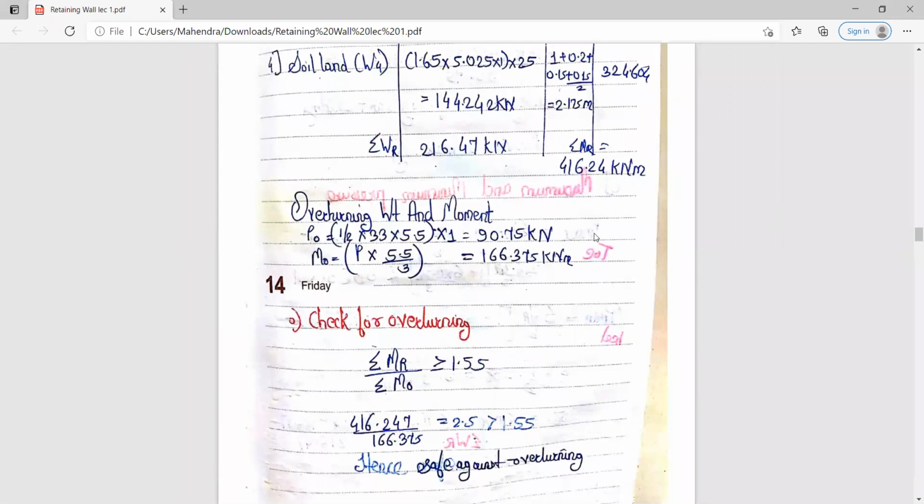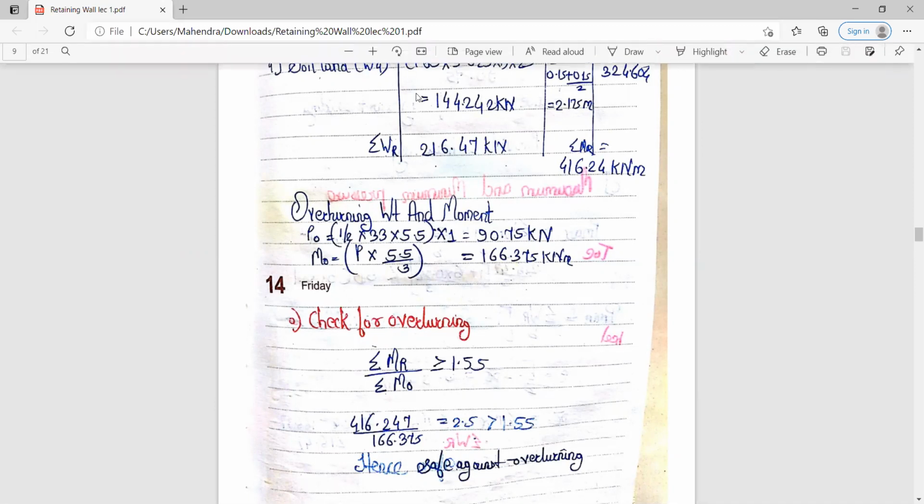So for calculating pressure, you have to refer to the whole diagram. So 1 by 2 into base, that is 33, into total height of the retaining wall, that is 5.5, into 1. So you will get the pressure P0. So P0 will be 90.75 kilonewton.